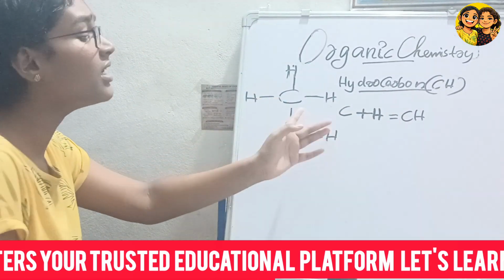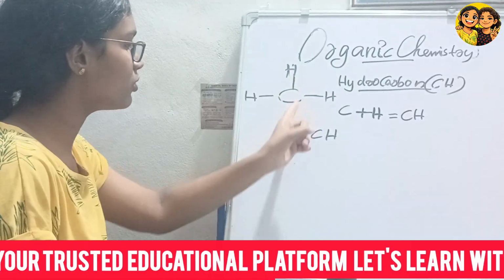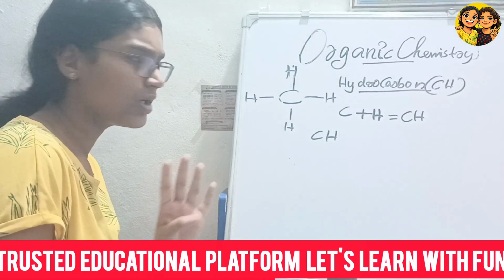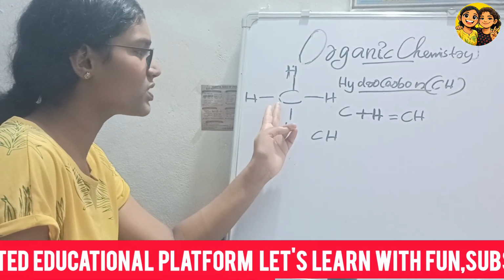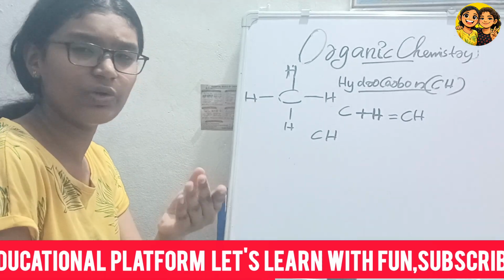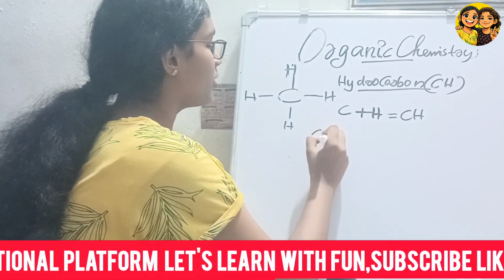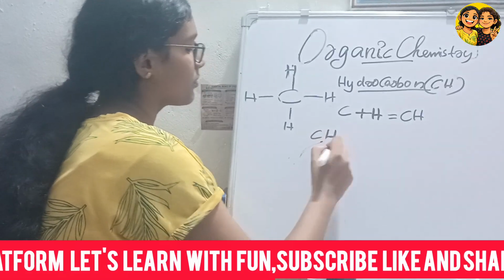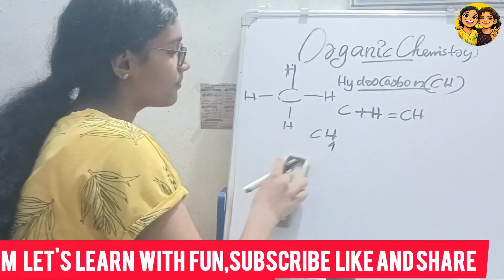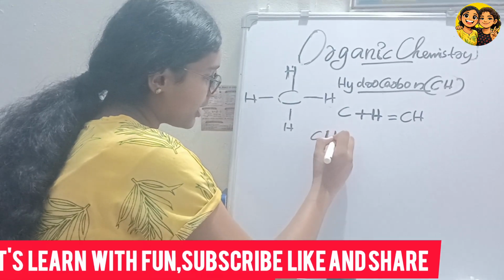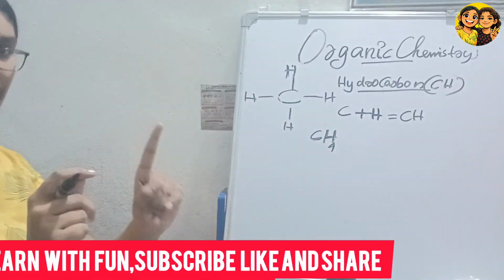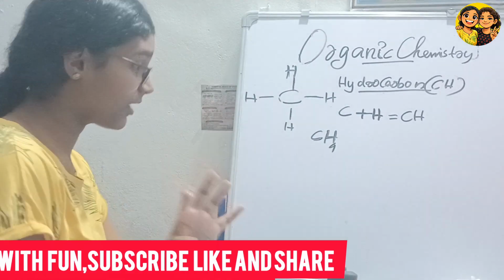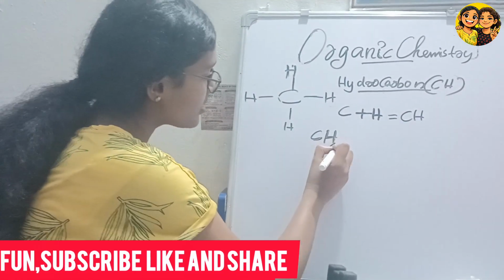Only one C, and how many H are there? 1, 2, 3, 4. 4. But that was the valency of carbon, you already knew that, from our basic knowledge. Here it would be 4, that means this one is 4. Got it? You know how to write a chemical formula. If you don't, check out my videos. So here it is CH4, not CH9, okay?